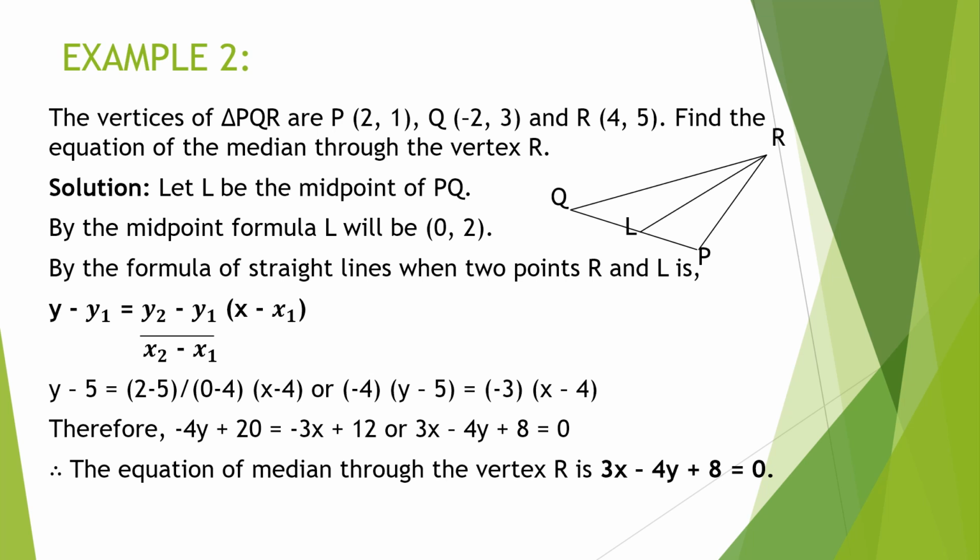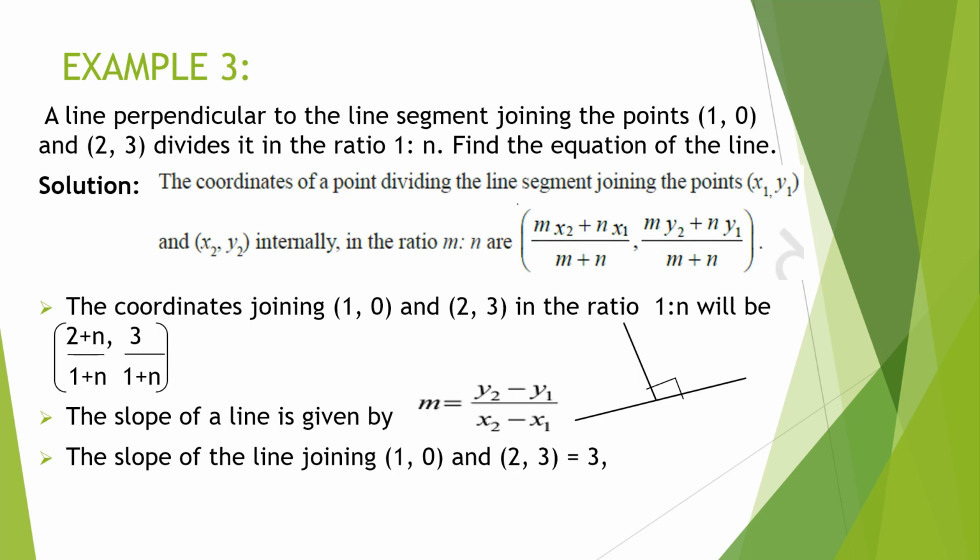By putting the values and after simplification, we get the equation of the line as 3x minus 4y plus 8 equal to 0. So the equation of the median through the vertex R is 3x minus 4y plus 8 equal to 0. Looking at the example, you should be able to understand which form you are going to use. So since over here we could find the coordinates of L, we have the coordinates of R, we can use the 2-point form.